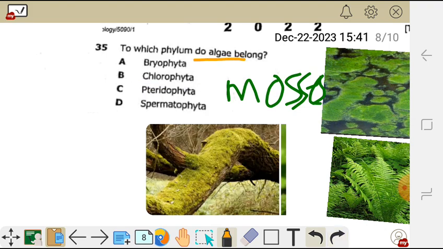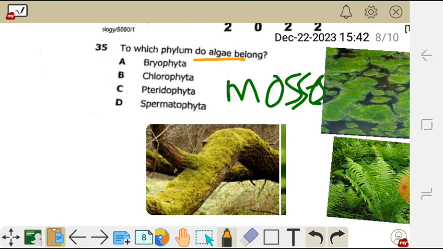Then Chlorophyta is algae. Algae are of different types, but we have green algae, which is under that phylum or class of plants, Chlorophyta. Algae is found in damp places like in water, mostly in stagnant water.